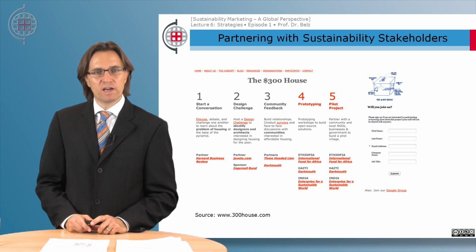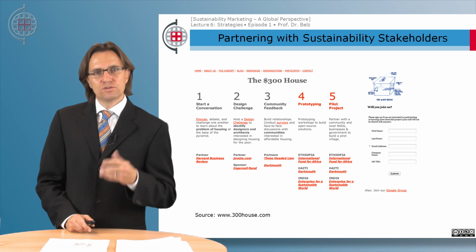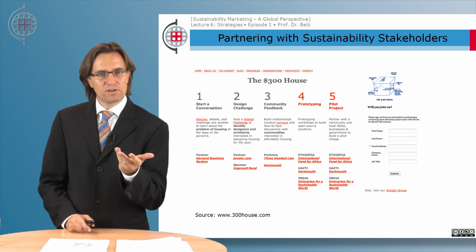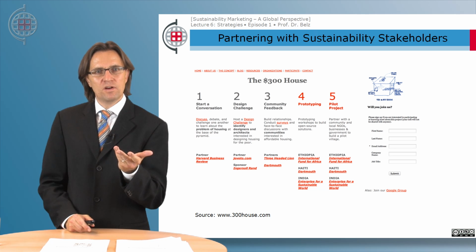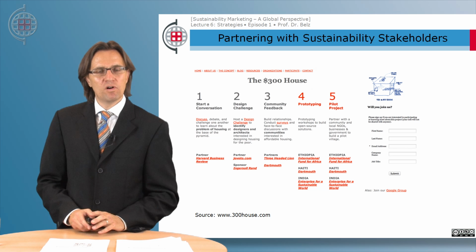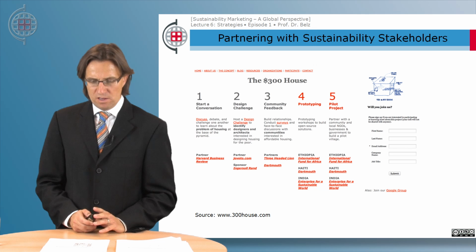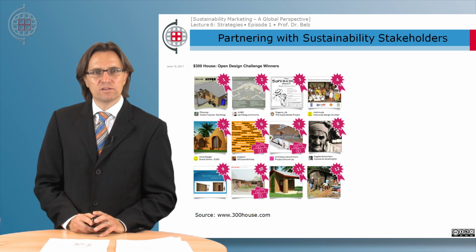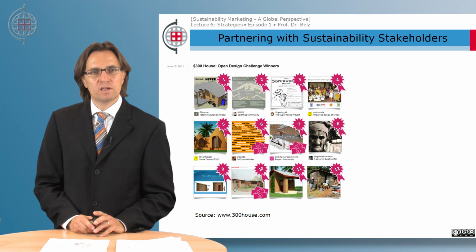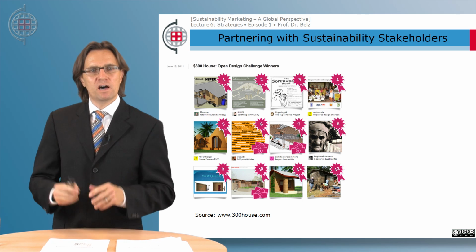sponsored by Ingersoll Rand, a construction company. They asked the designers all over the world to come up with prototypes and ideas for a sustainable house costing no more than $300 US. Here you have the winners, the Open Design Challenge winners, and they came up with different ideas.